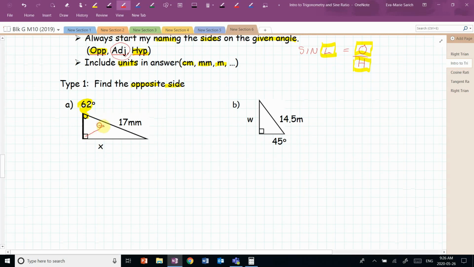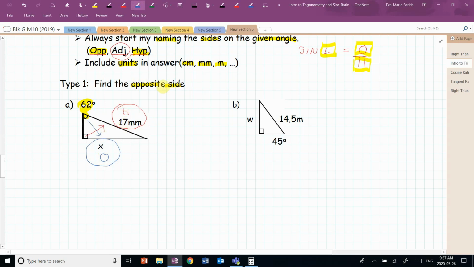Go across from the right angle, and 17 is the hypotenuse. Go opposite the 62 angle, and that's our opposite. So x is the opposite side. Our angle is 62, our opposite is x, and our hypotenuse is 17.